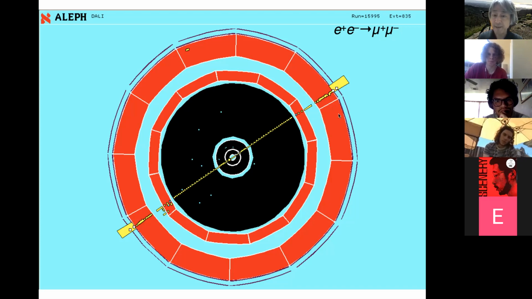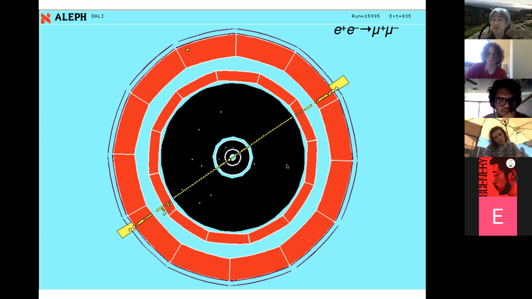One track is bent like this, another track is bent like that. So you know their charges are opposite from each other, if you really look at the real data in here. So you know that one of them is positively charged, the other one is negatively charged. Hence, this is a pair production of mu plus and mu minus. So this is experimental evidence that the process I described on a previous slide really does happen.